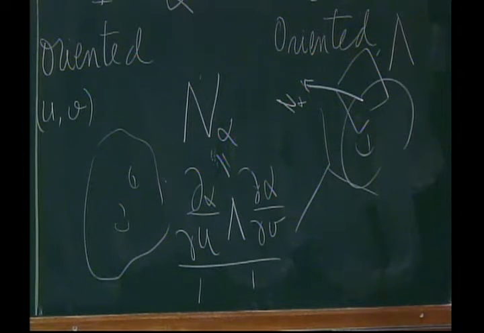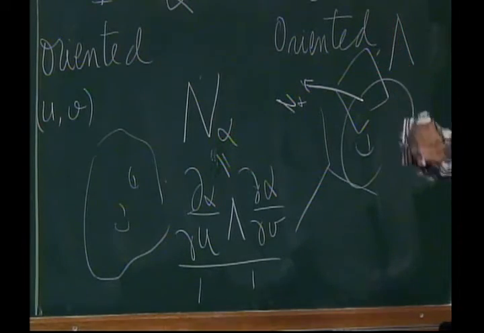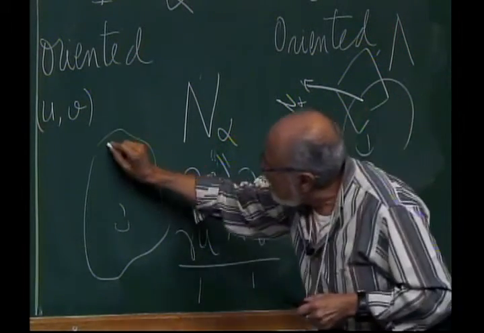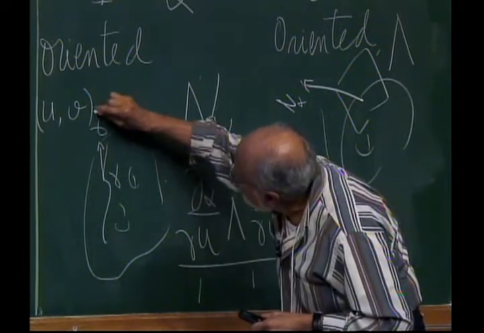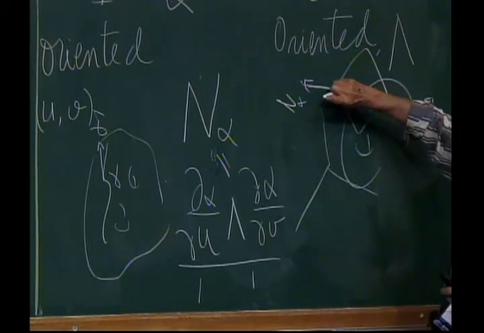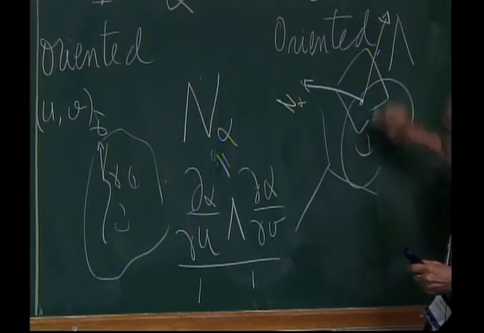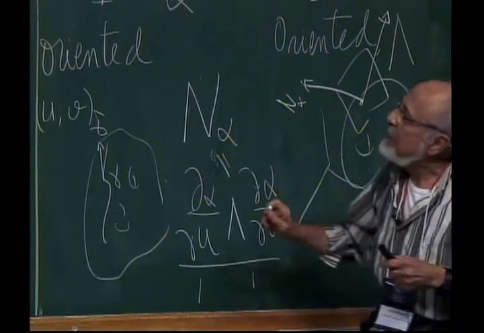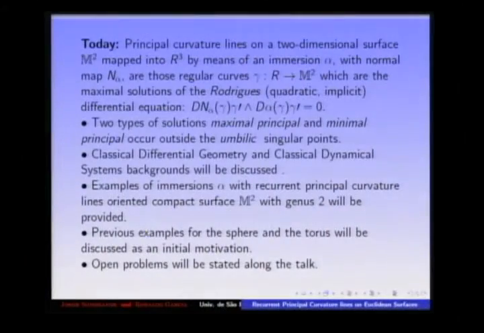And so the differential equation that I am writing here means the following. You have a curve gamma here, which has a tangent vector, and this is mapped by the derivative of the normal. The derivative of this unit normal map drops into the tangent plane. And on the other side of the wedge, you see the derivative of alpha taking the curve in the abstract manifold into the space.